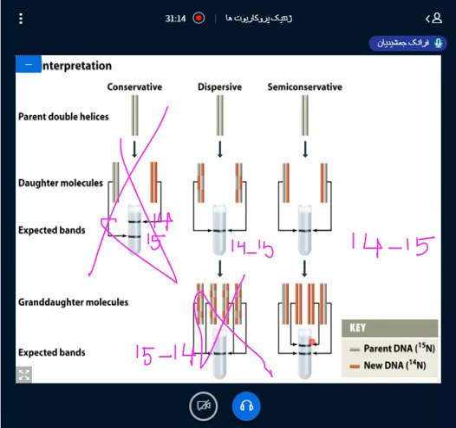After the second cell division, we have two bands. Look at this. One is a combination of old and new, and one is new. So, what type of replication is true? It is the semi-conservative. Understand? Okay, thank you so much.